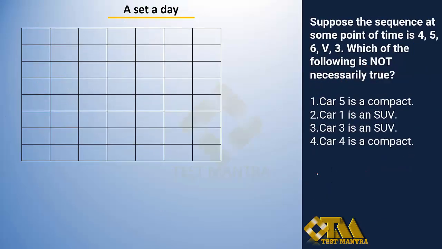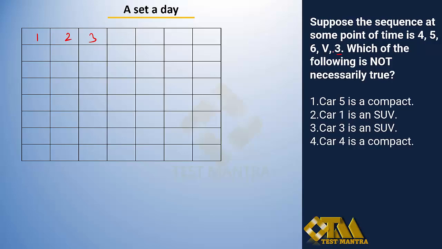Right, next one. Suppose the sequence at some point of time is 4, 5, 6, V, 3. So the last car is nothing but 3. That means initially I should have 3 cars, 1, 2 and 3. Identify this: the last car is 3 and every other is arranged in this case. That means initially I had 3 cars here.